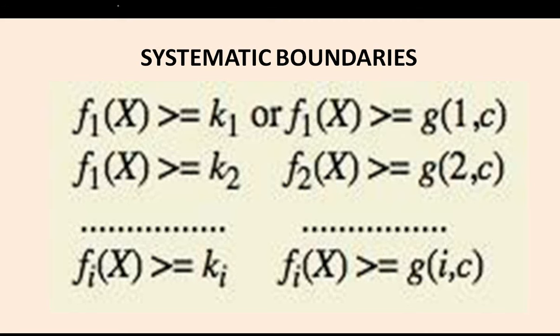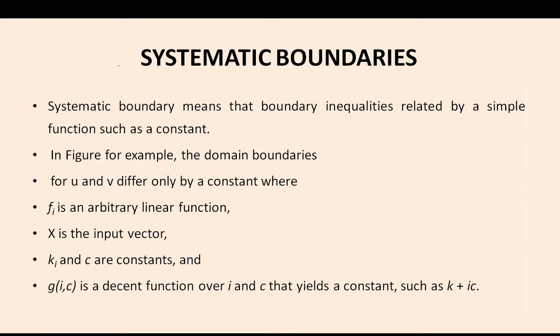Like that, some linearity is represented here: f1 of x with k1, k2, up to ki values, and g of 1 comma c, 2 comma c, up to i comma c. The assignment of the values is also systematic, linearly ordered. Such boundaries are called systematic boundaries.